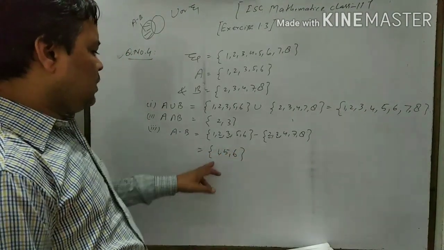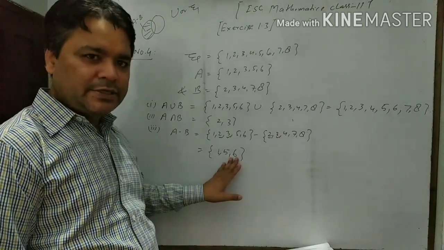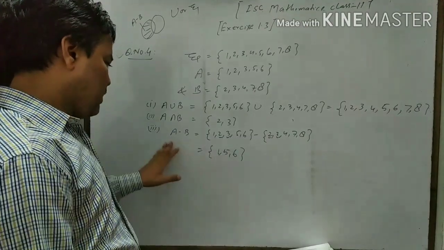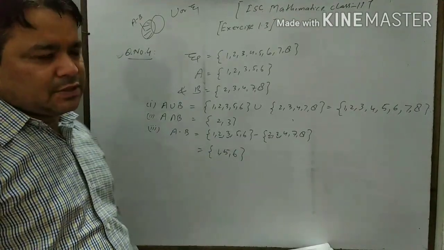These are the elements which are in set A but not in B. Therefore, A minus B will be 1, 5, 6.